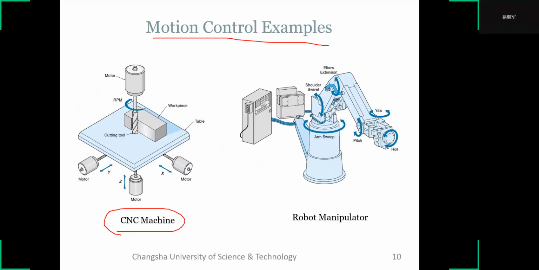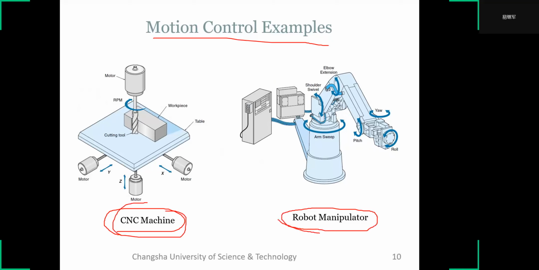When we control the CNC machine, we need to control the speed of the table and the displacement of the table, to cut the right shape. Another example is a robot manipulator.